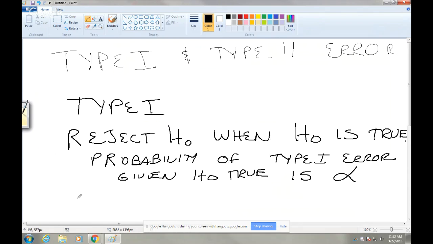The other way is a failure to reject, and that's a type 2.